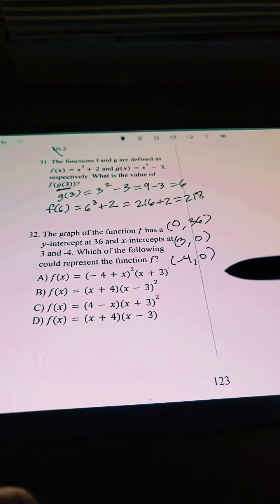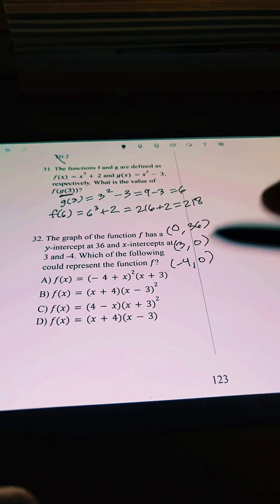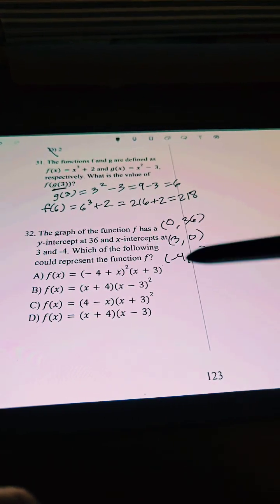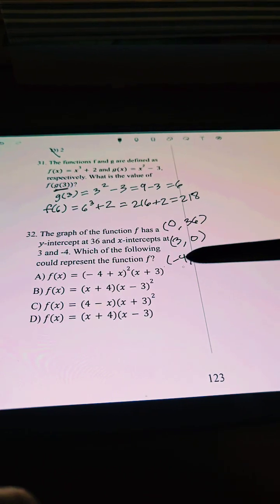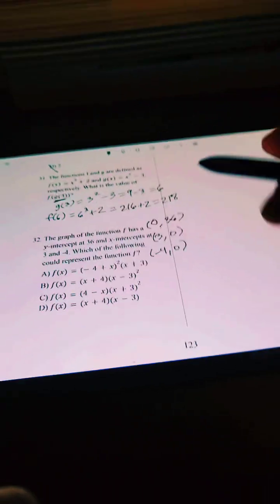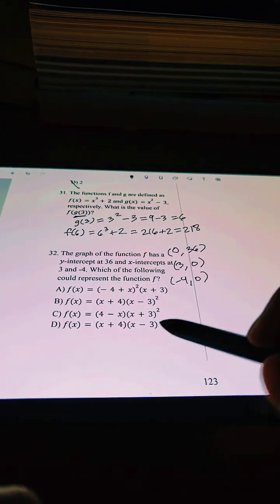So what's inside the parentheses, each time, if I set it equal to 0, I have to get 3 or negative 4 for my x value, if those are truly the x-intercepts.